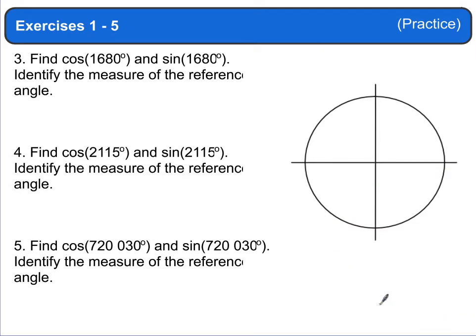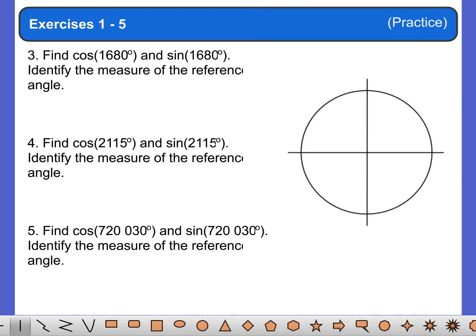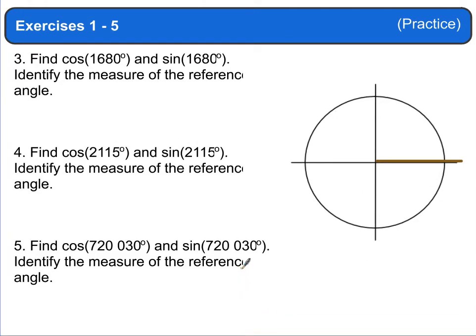All right, so let's take a look at number 4. Number 4 says 2,115. So we put our initial ray, and we're going to divide 2,115 by 360.